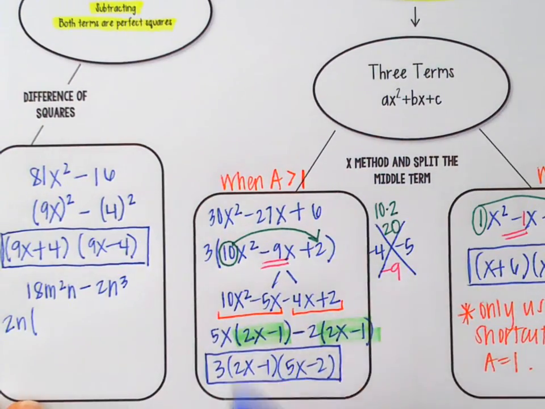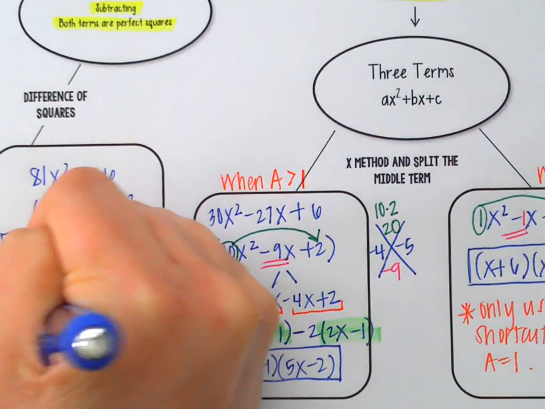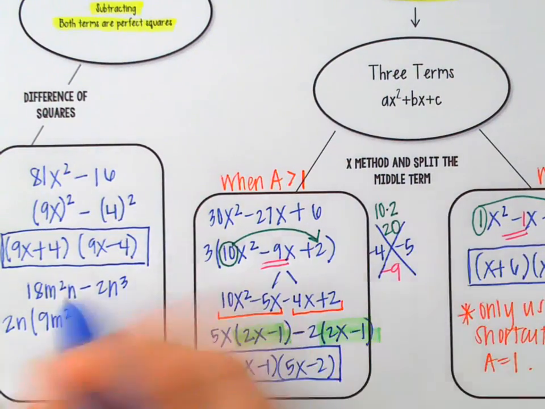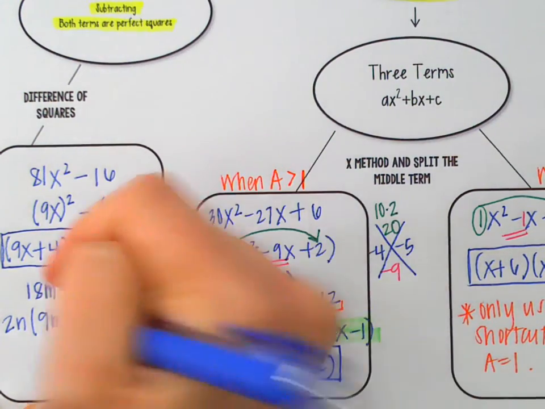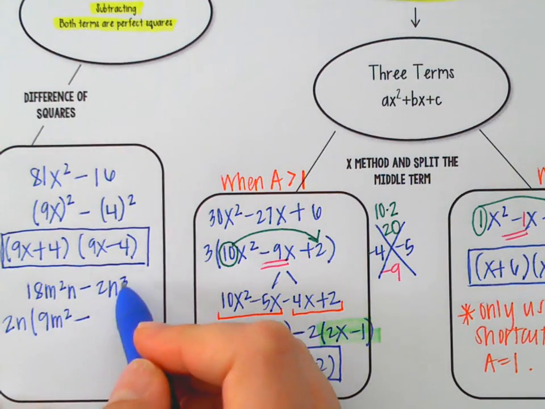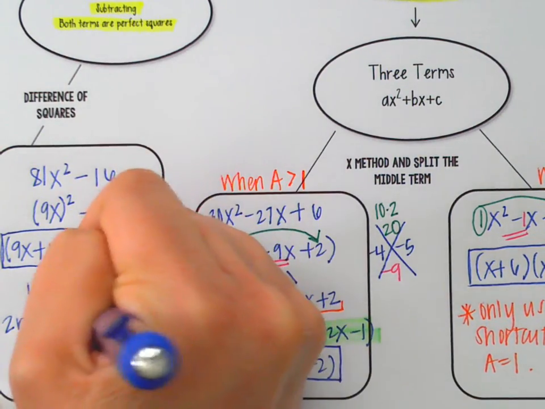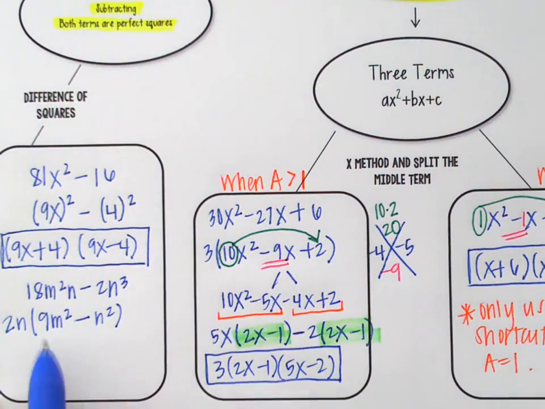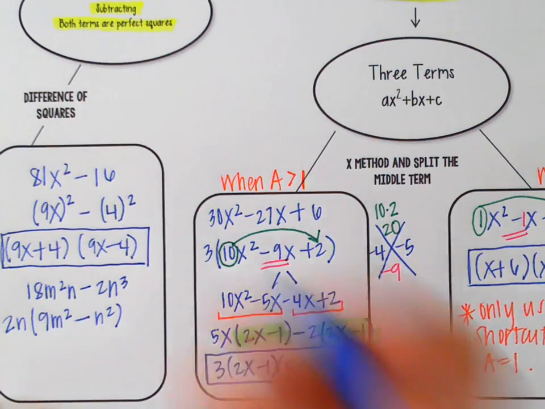And I'd be left with 9m squared, no more n because n divided by n is 1, minus 2 divided by 2 is 1, and n cubed divided by n is n squared. So now I look at my inside and I think, is that a perfect square? Well, 9m squared is a perfect square, n squared is a perfect square. So it is. I can do a difference of squares here.